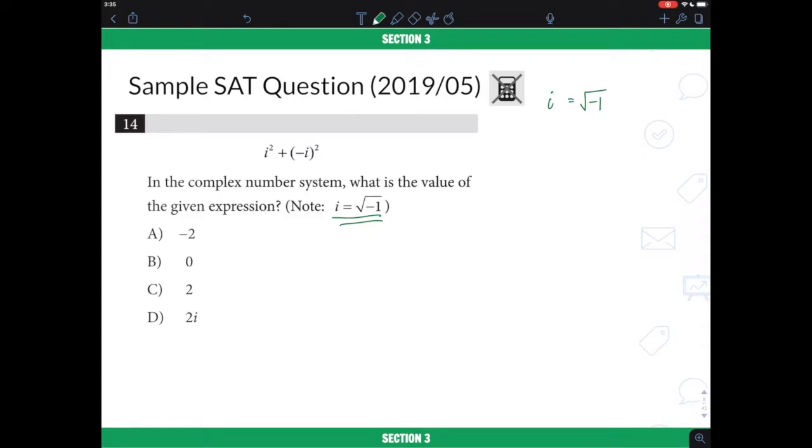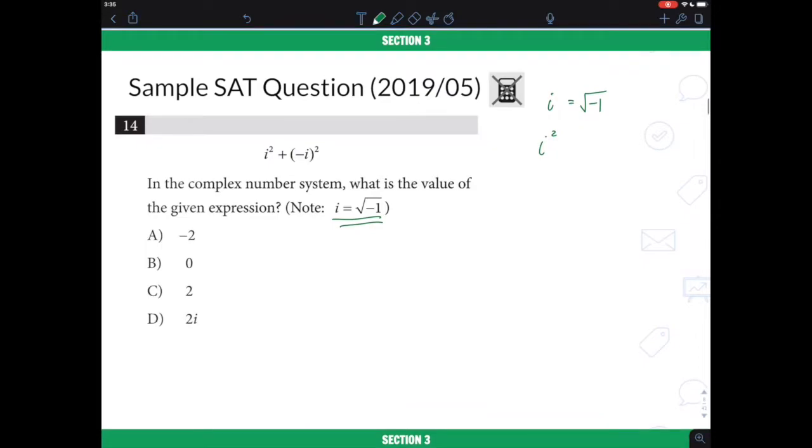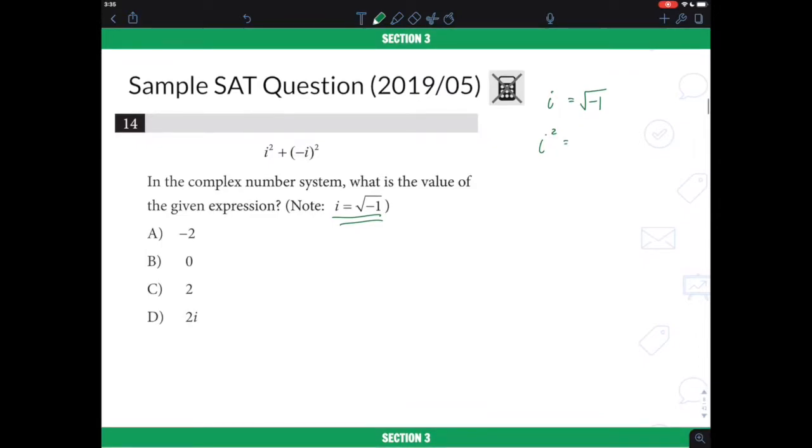So, usually what they would ask is something like this. Do you know what i square is? Now, the better way to understand i square is to understand what i stands for. And then you have square. That means it multiplies itself twice. So basically, you have square root of -1 times square root of -1.